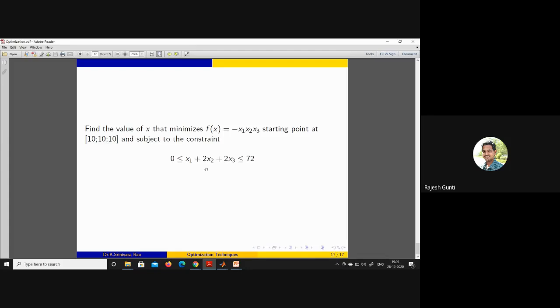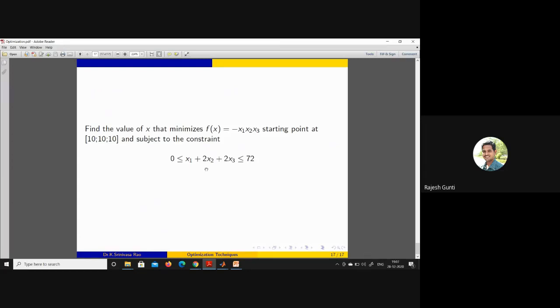One is x1 plus 2x2 plus 2x3 less than or equal to 72. The second is x1 plus 2x2 plus 2x3 greater than or equal to 0. There is no non-linear constraint.